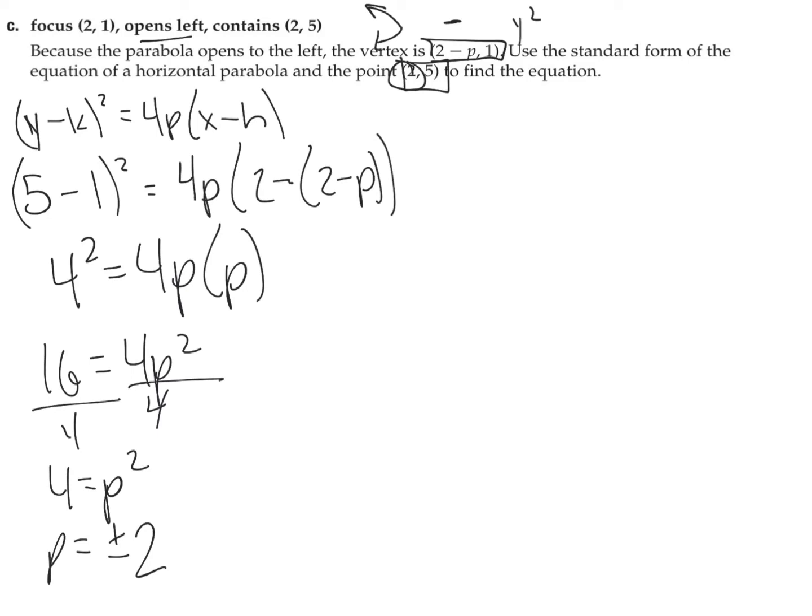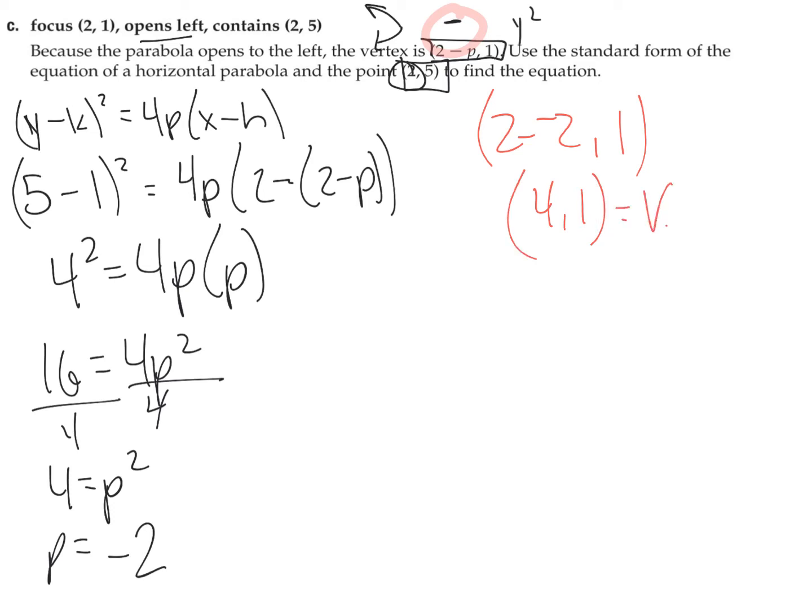Now, this is where opening to the left comes in. Because it opens to the left, I already said it's negative. We labeled it as negative. Therefore, our p-value is going to be negative 2. That's going to tell us, once we plug that in, that our vertex is 2 minus negative 2 comma 1, which is 4 comma 1.